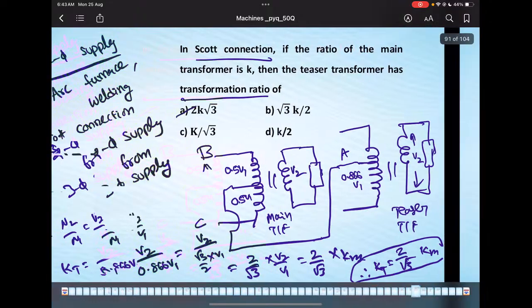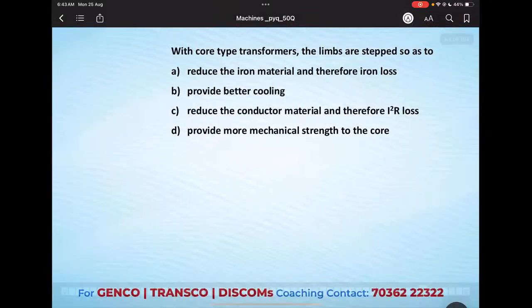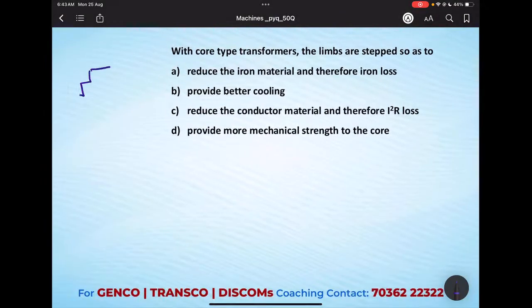Okay, let's move on to the next question. The next question is about core type transformers, the limbs are stepped so as to... In the construction features of core type transformers, you might have seen the core limbs are going to be in stepped form. Why it is stepped form means, like this it will be there.